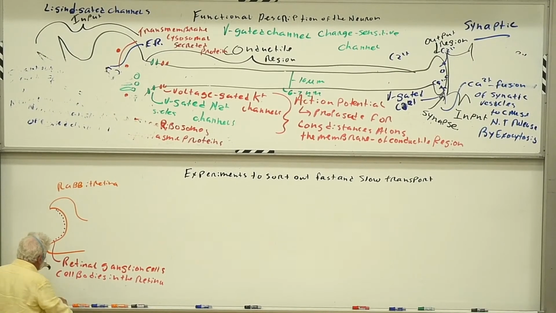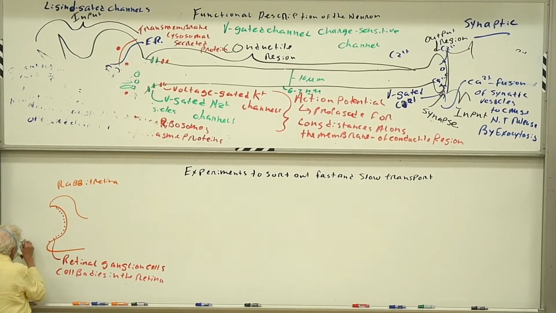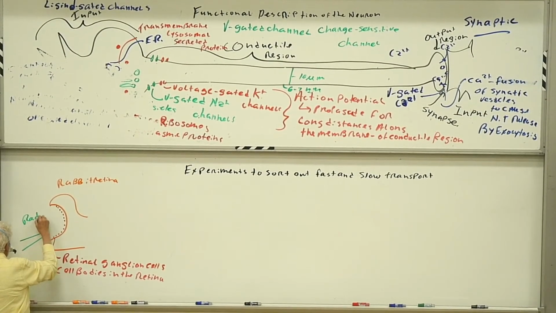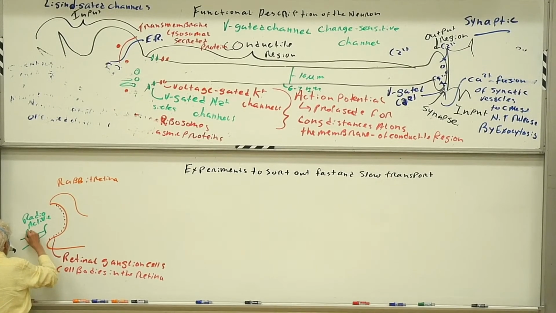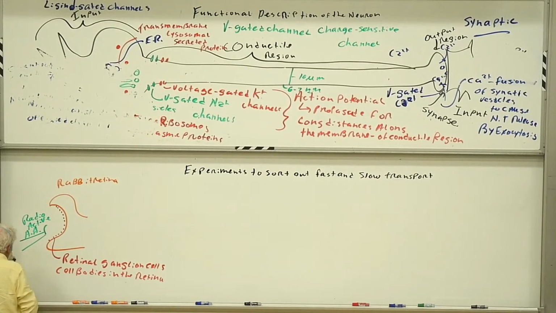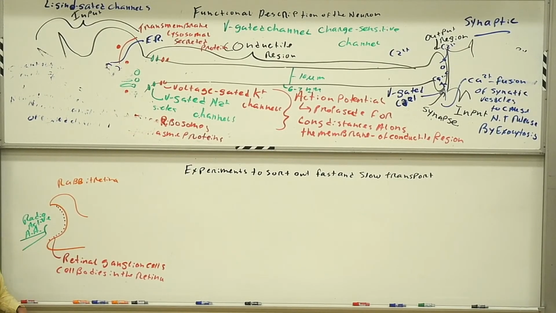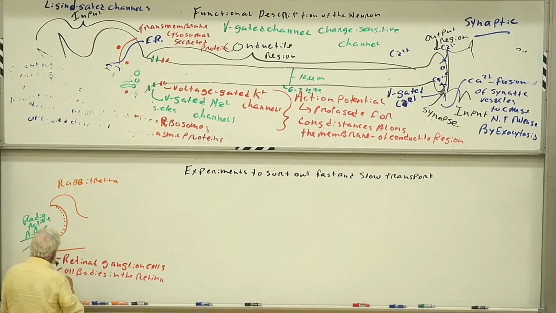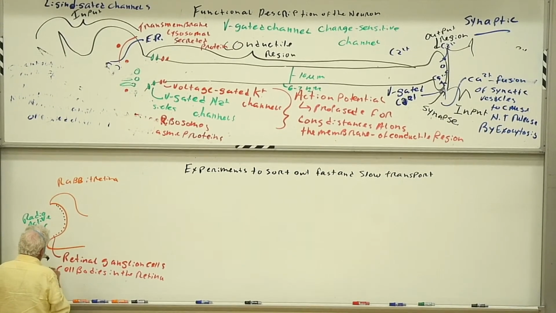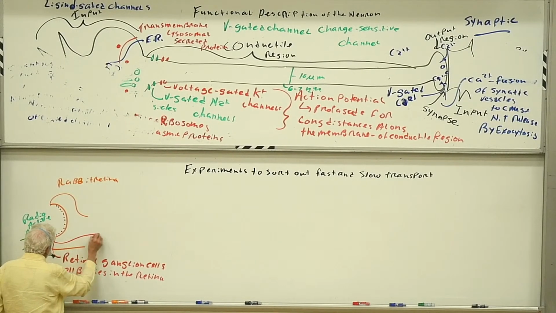So what they could do is they could come in here with a needle and they could inject radioactive amino acids. Well, those radioactive amino acids will be taken up by the ganglion cells. They'll be taken up by all the cells, but they'll be taken up by the ganglion cells and converted into proteins. Now, the major advantage of this preparation is that these ganglion cells have their axons that all gather together.